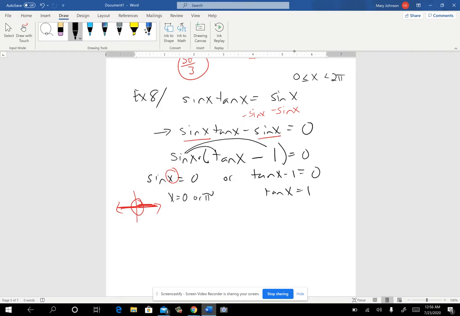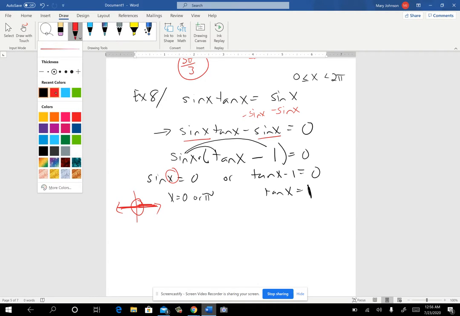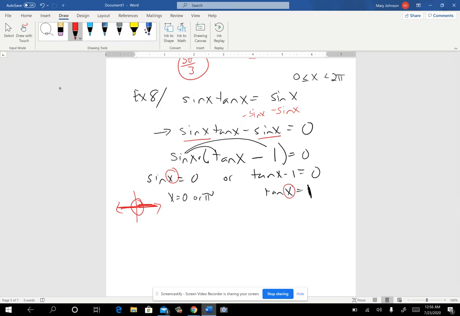Now, when I come over here and I look at tan x equaling 1, I know that tangent of something is the sine over the cosine. So this would be the sine of x over the cosine of x. So the sine and the cosine would have to be the same for me to get a 1. So I know that this angle right here would have to be pi over 4.